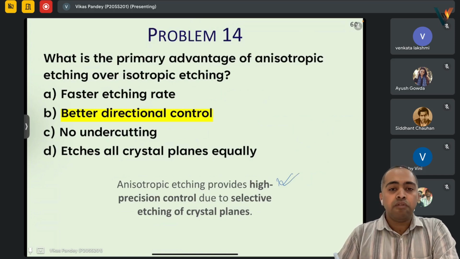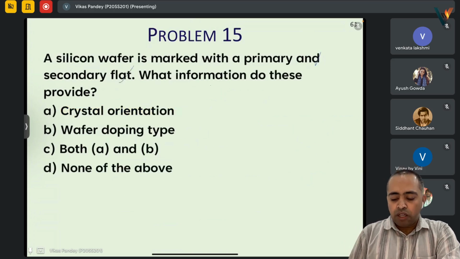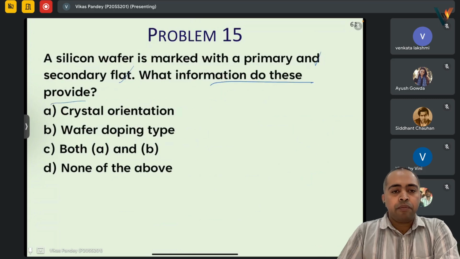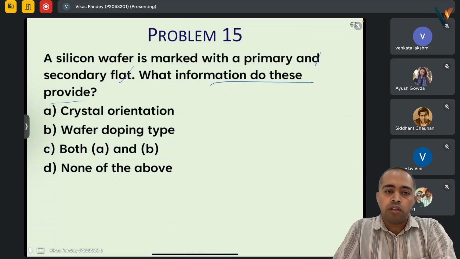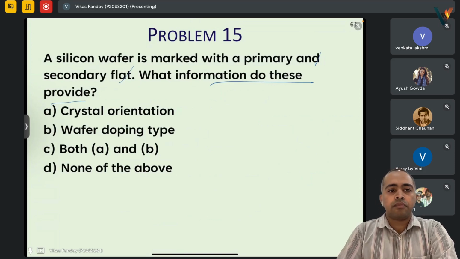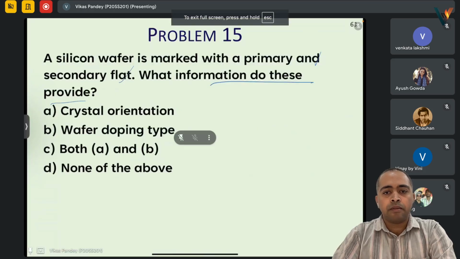A silicon wafer is marked with a primary and secondary flat. What information do these provide? Crystal orientation, wafer doping type, both, or none of the above? This we have seen.